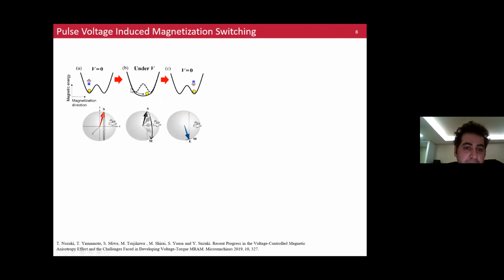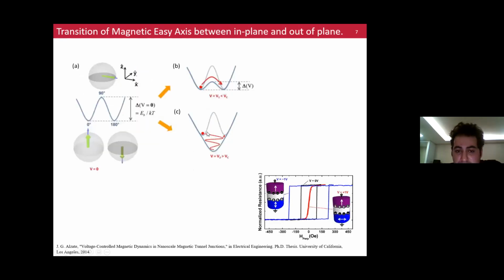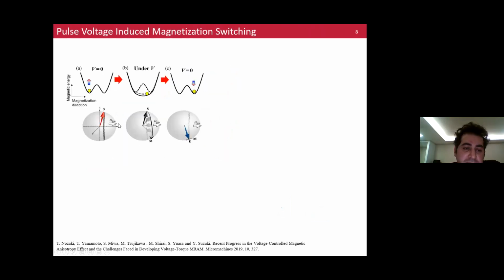Here, as I said, if we apply voltage higher than the critical voltage, the magnetization starts to precess to the XY plane. And if we apply a bias field here, the magnetization will precess around this bias field.